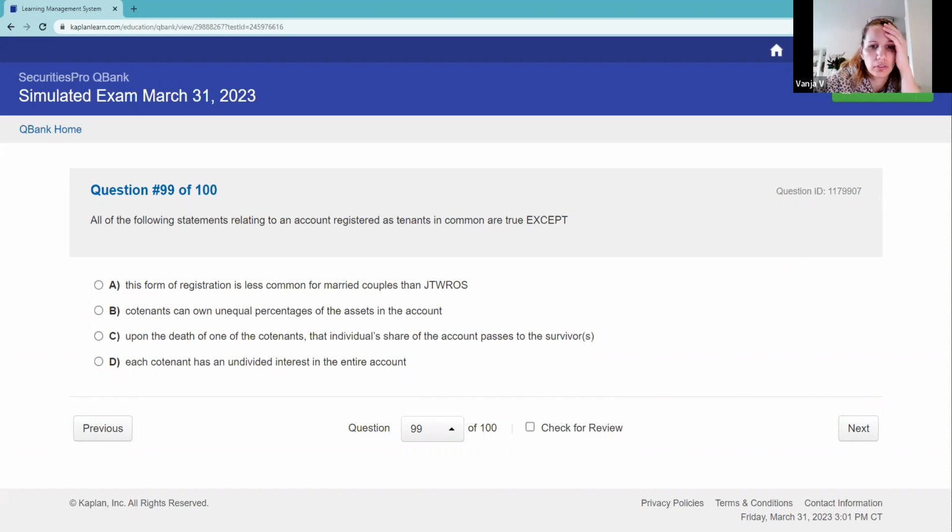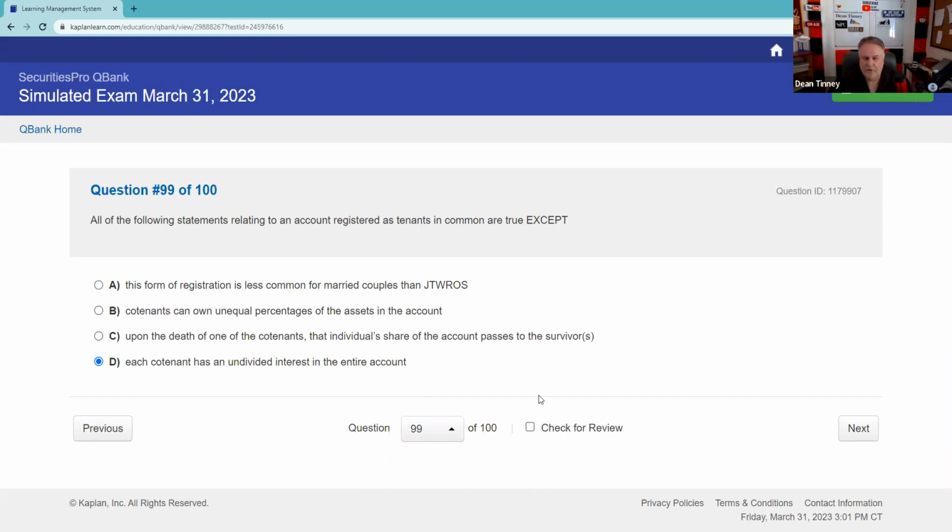For married couples, I mean, that's true. So that's not it. I think D, because if they have opportunity to have unequal percentages of the assets, why would they have undivided interest? This is a bad miss.